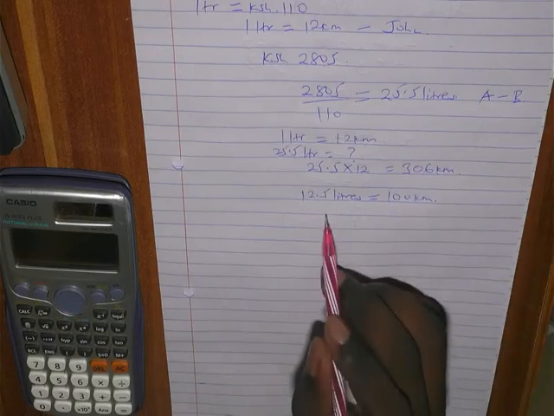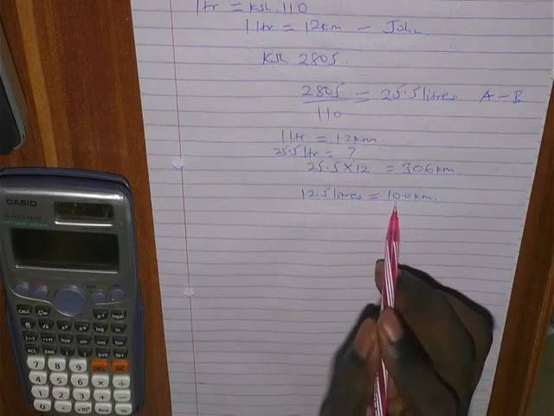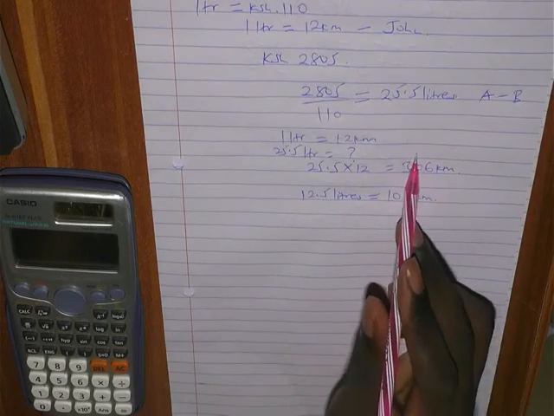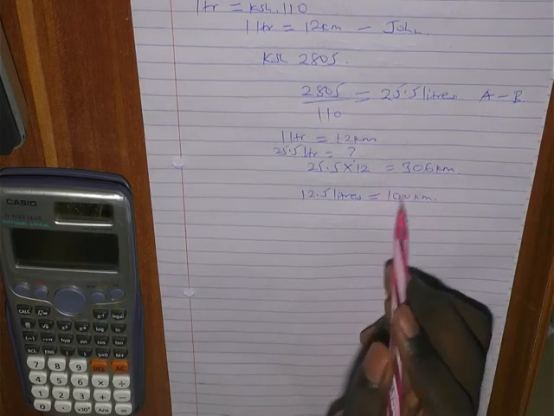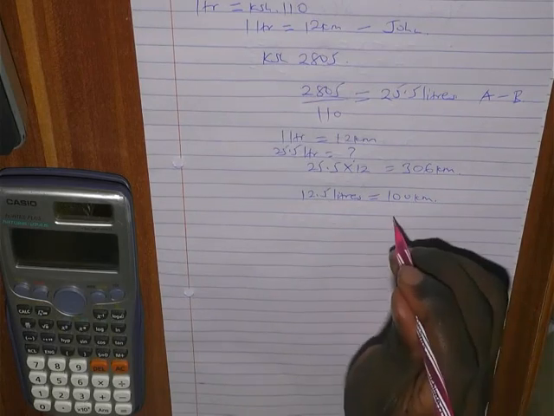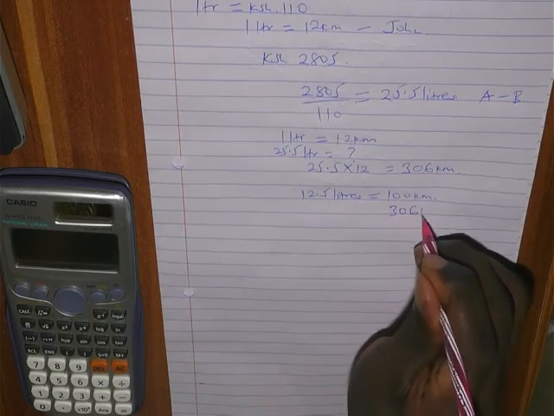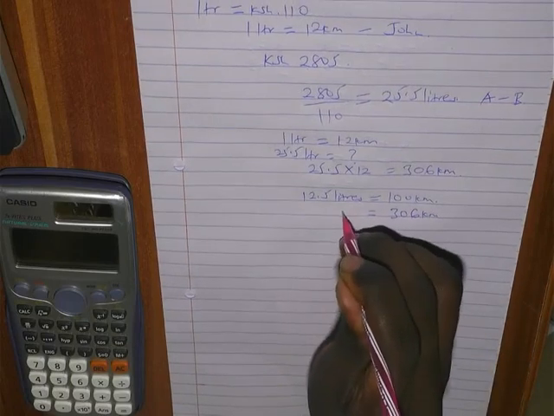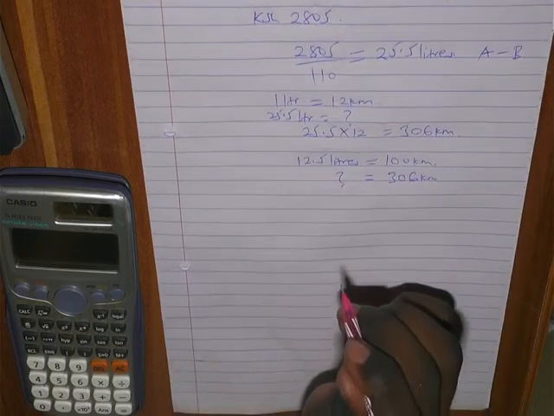So if she uses 12.5 liters for 100 kilometers and she's supposed to travel 306 kilometers, then we find the number of liters that she's going to use.